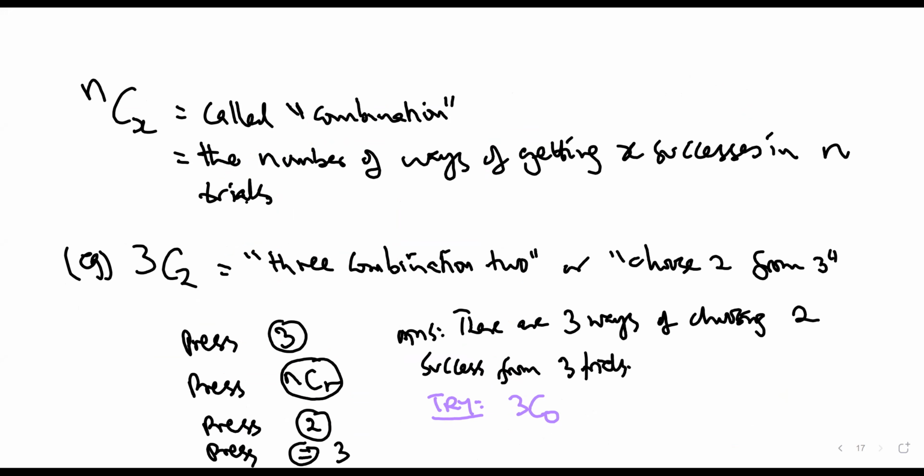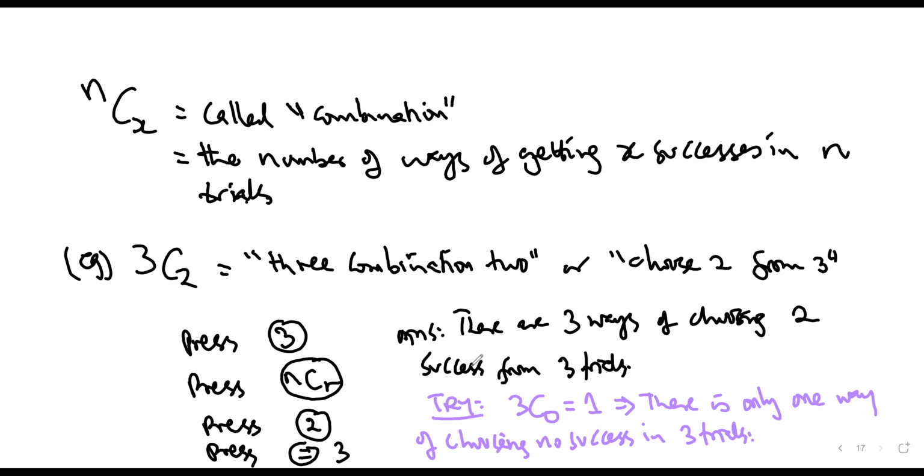In this case, what do you get? One. So the answer is 1, meaning that there is only one way of choosing no success in 3 trials.